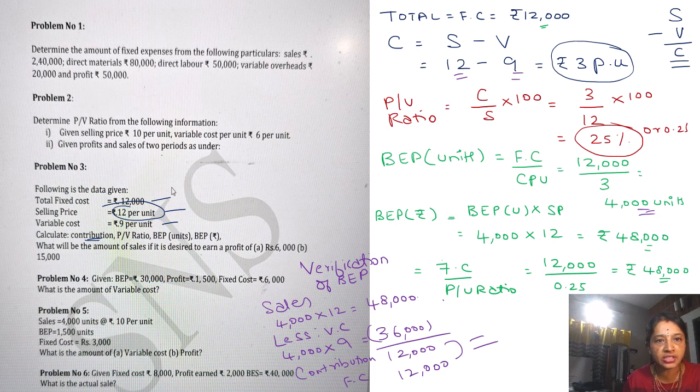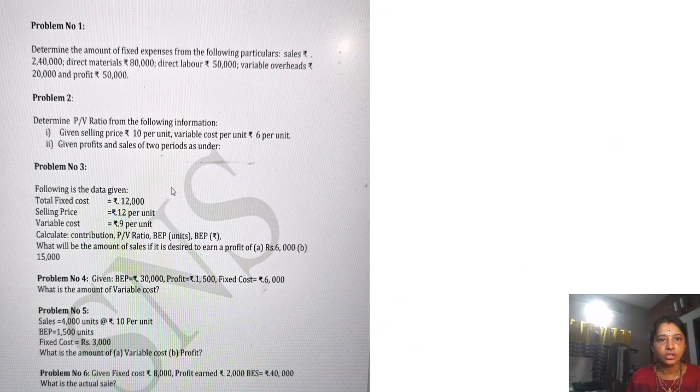Now the next question is, what will be the amount of sales if the desired profit is 6,000 and 15,000? So we are doing problem number 3. What will be the sales if it is desired to earn a profit of rupees 6,000? So the desired profit is rupees 6,000.